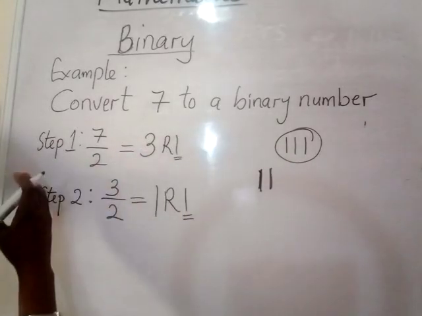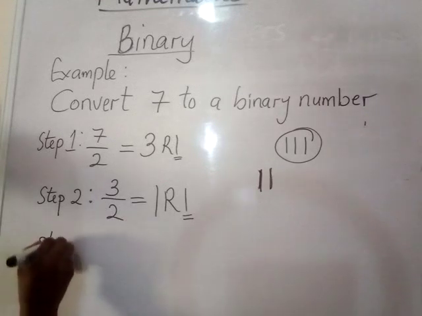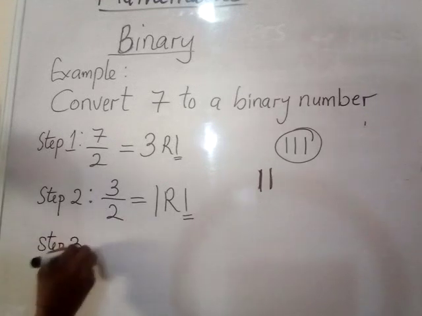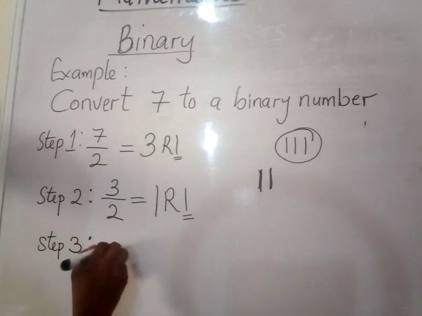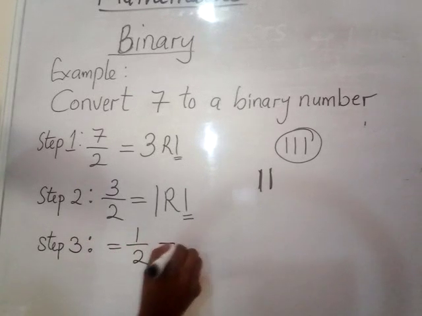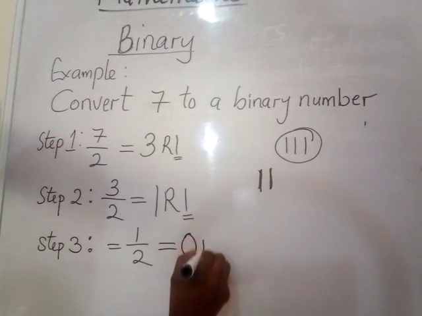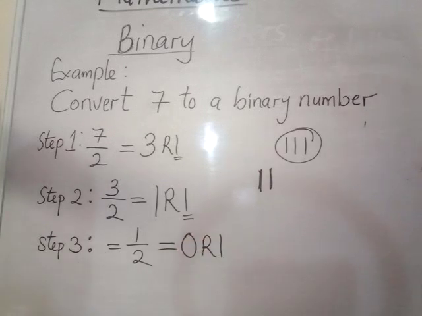You are writing backwards. And then you have 1 left here. So as step 3 is 1 divided by 2. And 1 divided by 2, 2 is bigger than 1, so we just say it is 0, remainder 1.